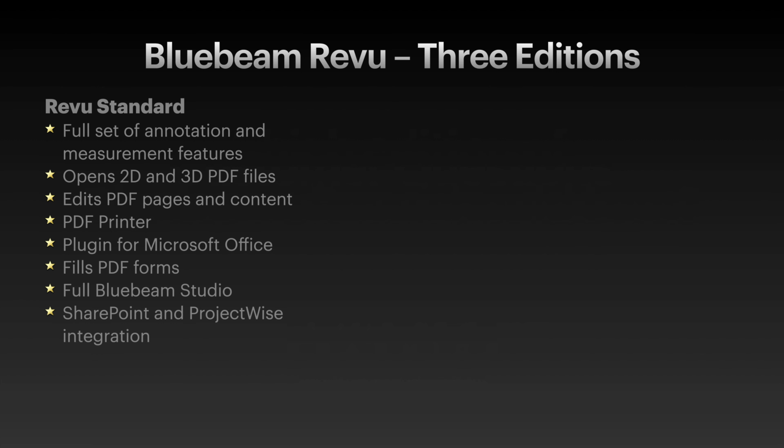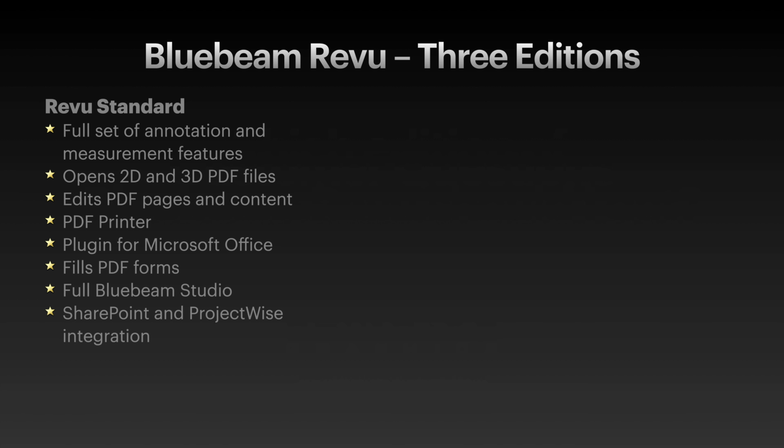As you know, Revu comes in 3 different editions: Standard, CAD and Extreme. Standard is the most affordable one, and it's already a fully featured PDF editing and creating application, specifically aimed at the construction industry.